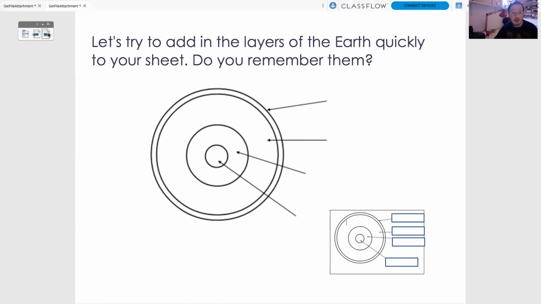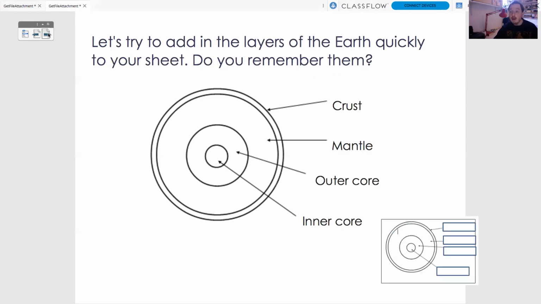Okay, let's have a go. Let's double check now. Pause and unpause when you're ready to check. Here we go. Let's see if you got them right. The outside layer of the Earth, that's the crust. The layer just underneath that, the mantle. You remember that? The mantle. And some people like to describe an upper mantle and a lower mantle.